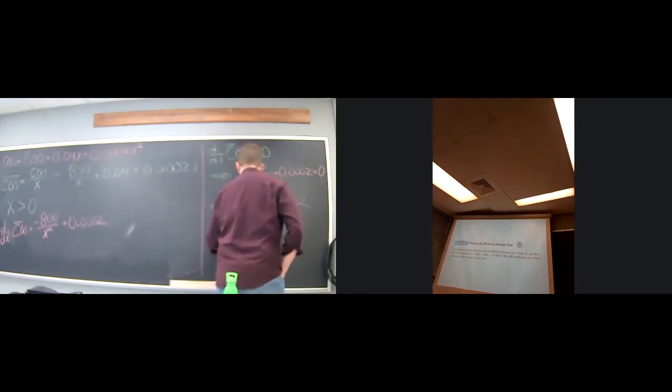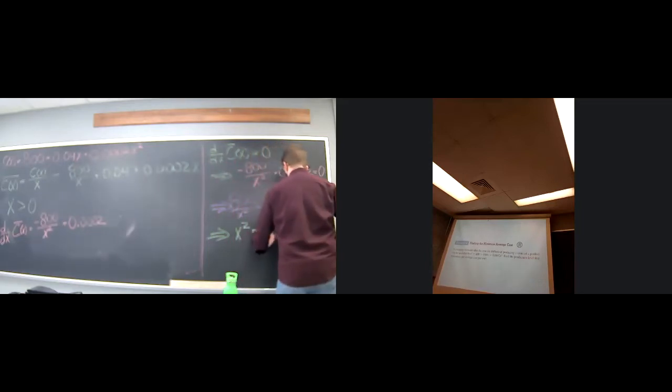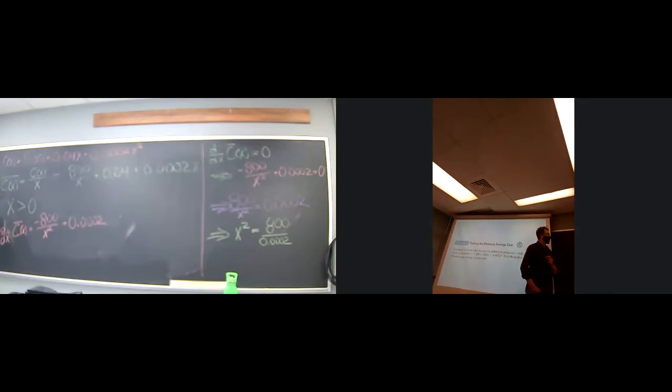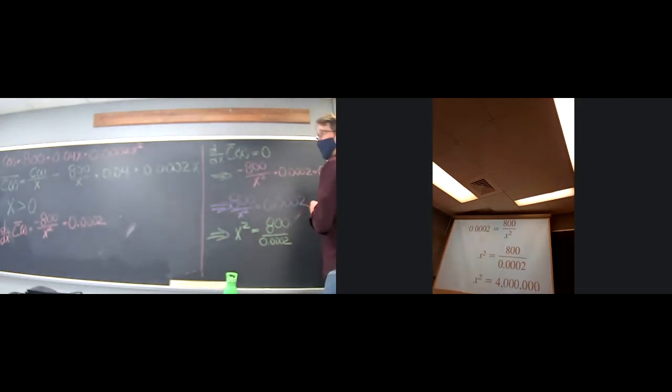Which is going to give us X squared is equal to 800 divided by 0.0002. Now I don't know what 800 divided by 0.0002 is, so I'm going to jump down to here and zoom in to X squared is equal to a stupidly large number.